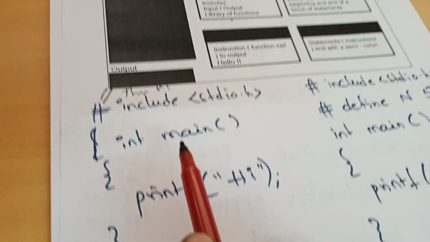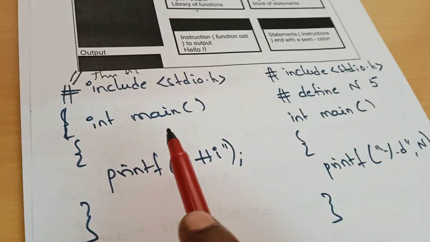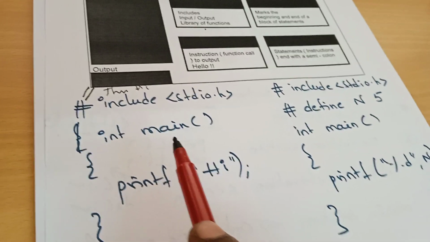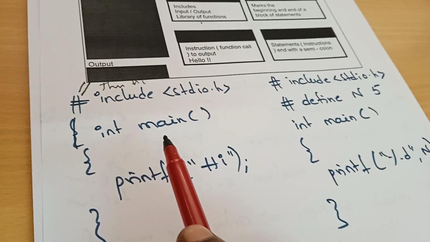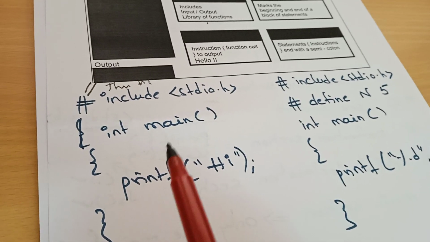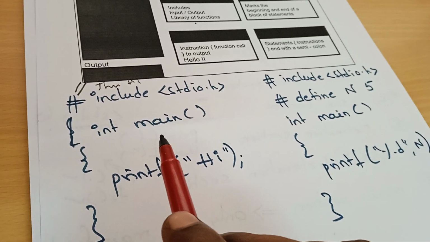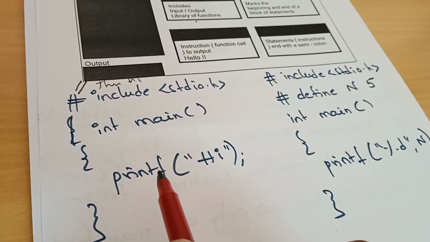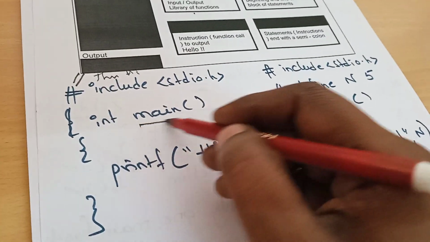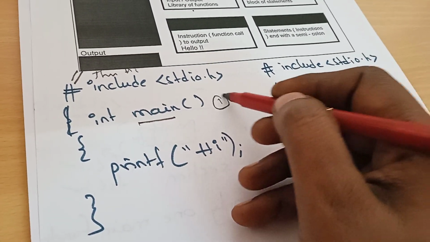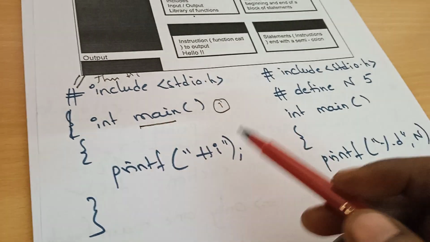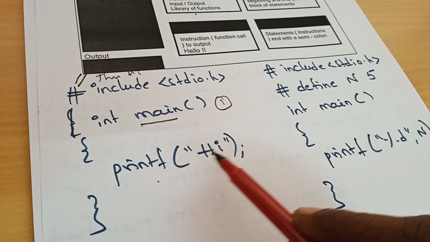Next is the main function. This is a GATE-oriented question, and also an interview question. How many main functions will be available in a C program? Only one. A C program will have only one main function. Now in the main function, printf hi.